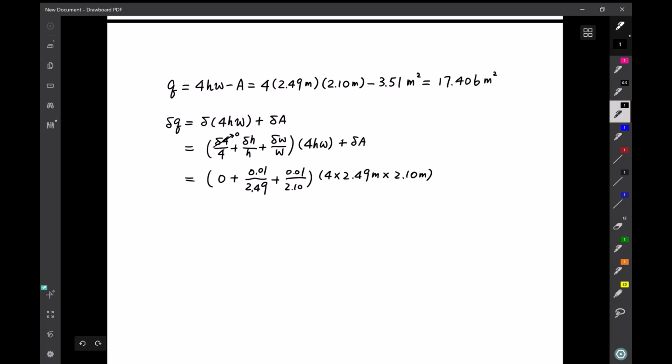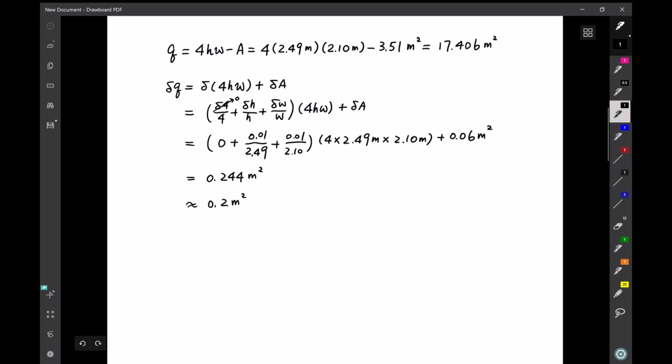You see, I keep the units except when I calculate the relative uncertainty. Plus 0.06 meters squared, which is delta A, and you'll find that to be 0.244 meters squared. Because this is already absolute uncertainty, I can round it off to 0.2 meters squared.